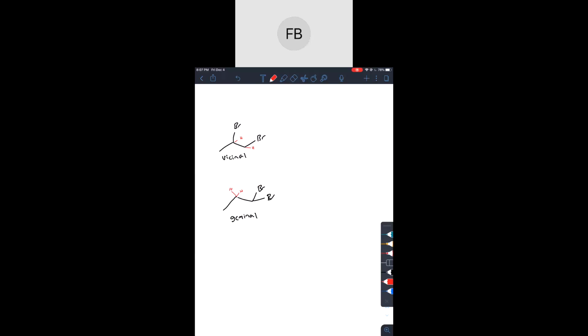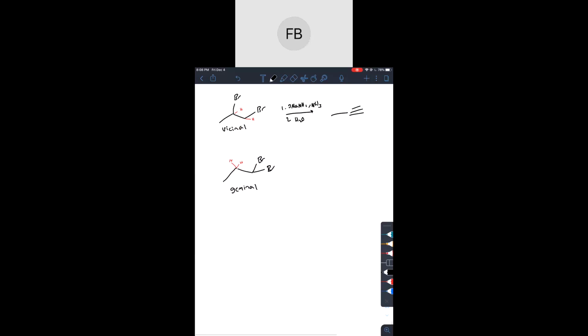So basically, the reaction for these is exactly the same, whether it's geminal or vicinal. So you just do 3 moles of NaNH2 with NH3, which is familiar by now, and then also H2O. And what this is going to do is make a triple bond between where the two halides had been.